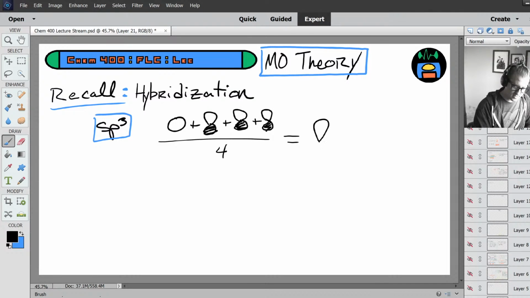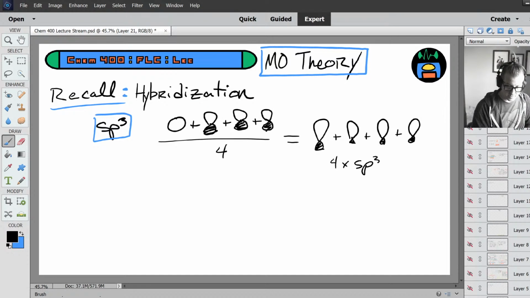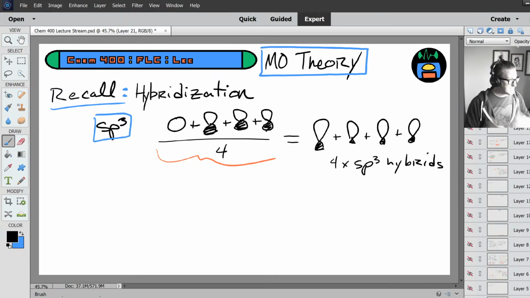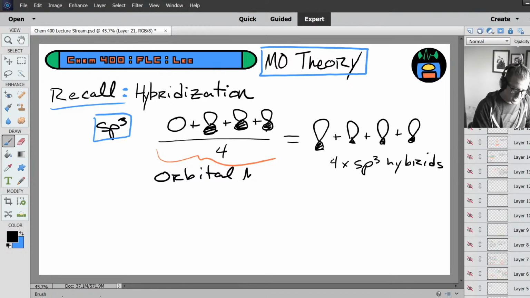This gave us 4 sp3 hybrid orbitals out the other end. This process has a name, and it's called orbital mixing.